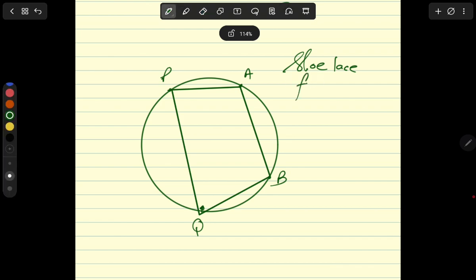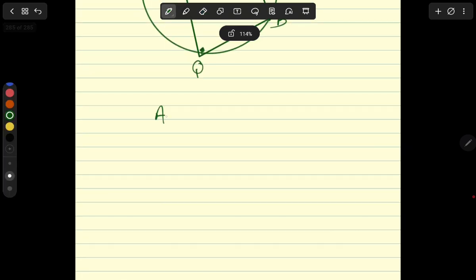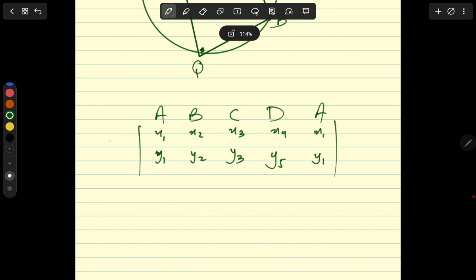Shoelace formula. So if A is (x1, y1), B is (x2, y2), C is (x3, y3), D is (x4, y4), then you put this first one again, which is A, (x1, y1), put the modulus sign, put a half here, and this gives you the area.